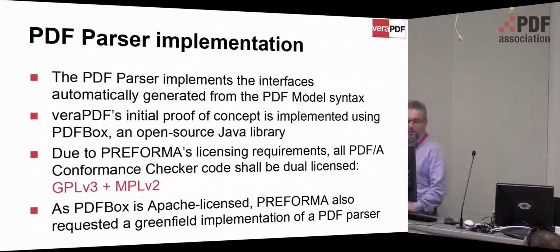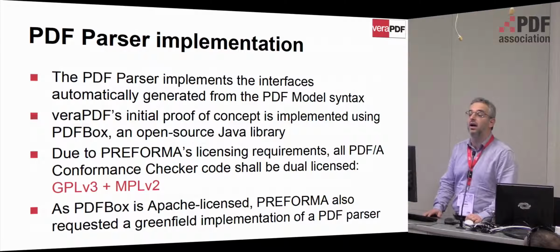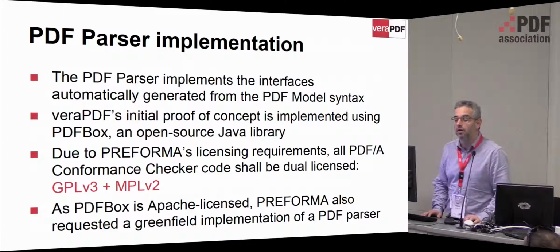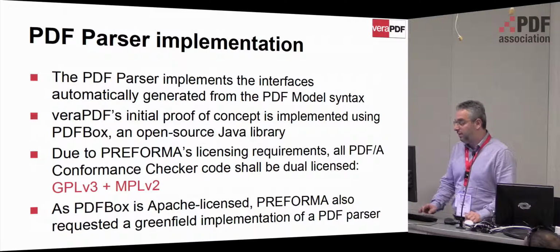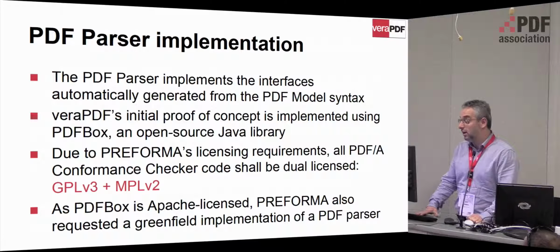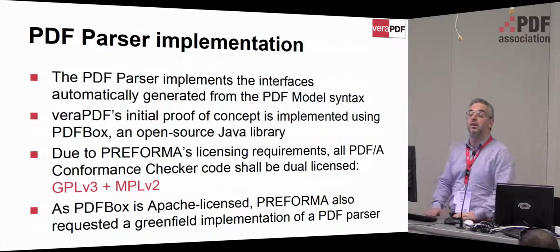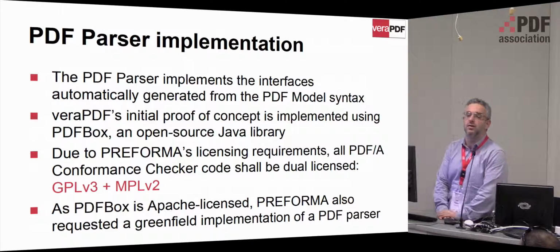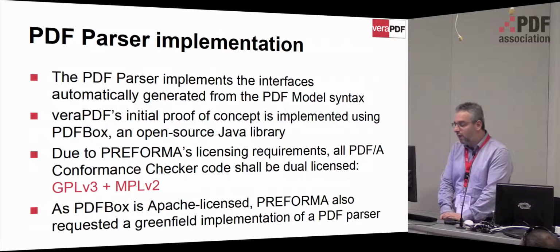So the first time we really need a specific programming language is when we have to parse PDF documents and extract these properties from the documents. This is where we start using a Java library, and our initial idea was that we could survive with PDFBox, which is a well-proven open source Java parser.